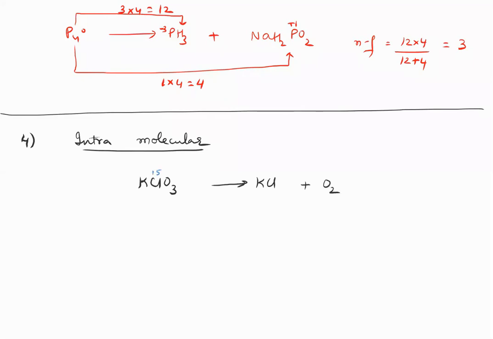Chlorine is going from +5 to -1. So the N factor change is 6, 1 chlorine, 6. That's one way. Or oxygen is -2, it's going to 0. So change is 2, 3 of them, so 6. So either look at oxygen or look at chlorine.